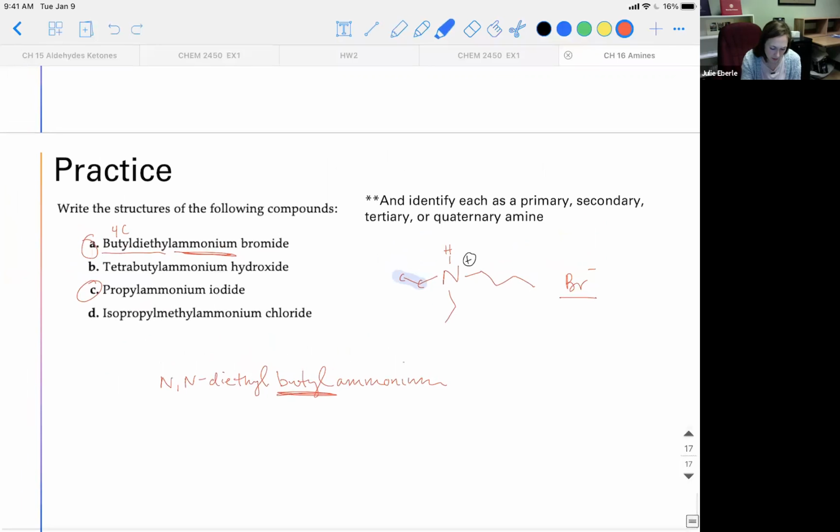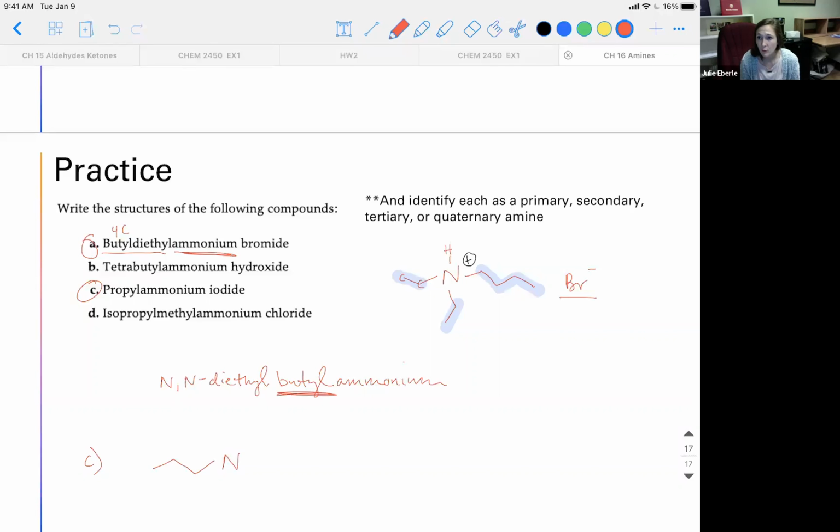So highlighted in blue, these are my 2 ethyl groups. And then here is the butyl group. Okay, C, propyl ammonium iodide. So I'll do it right down here, propyl. So we got N, and then we got a propyl group. That's 3 carbons, 1, 2, 3.